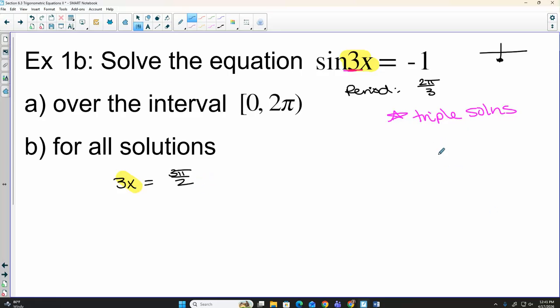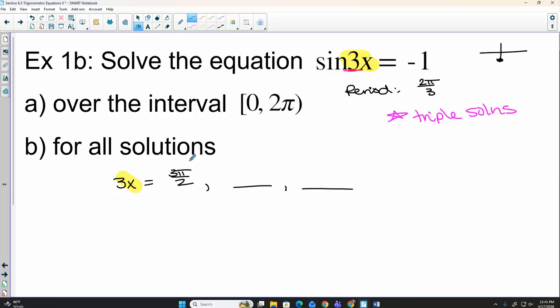But remember, I'm going to get 3 complete cycles. So if I have triple solutions, I got the first answer, but how many do I need? 3. Okay. This is where there are different ways to do it, but this is what I like to do. I know I need 2 more answers.